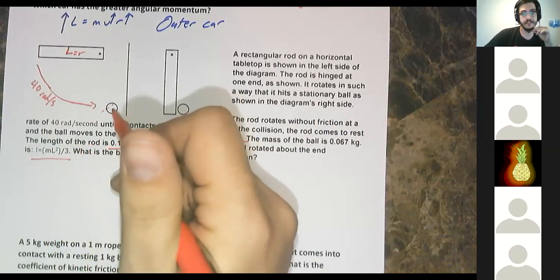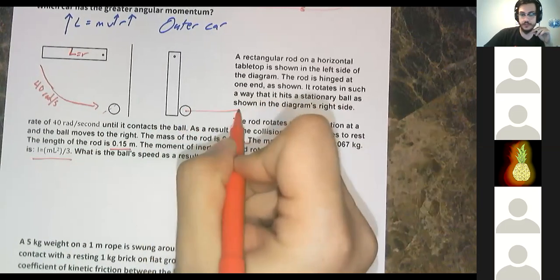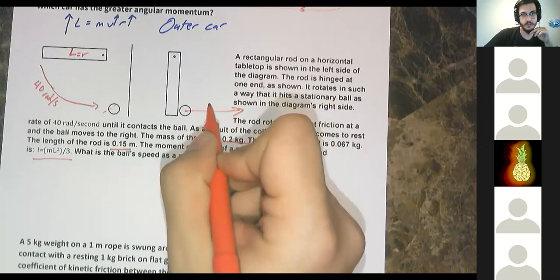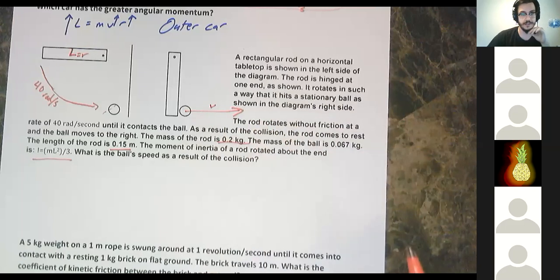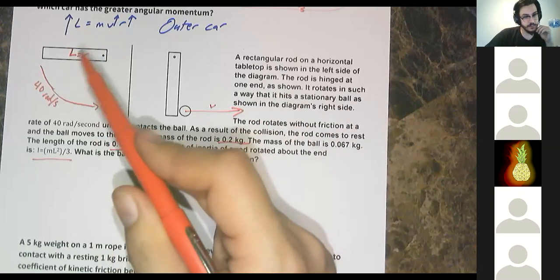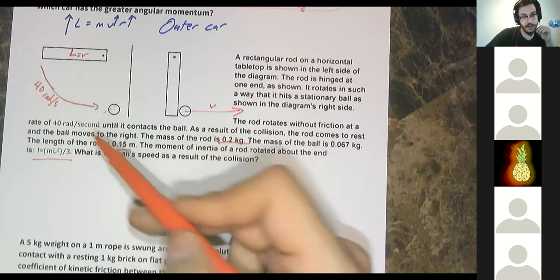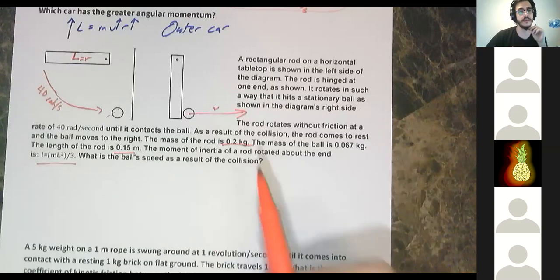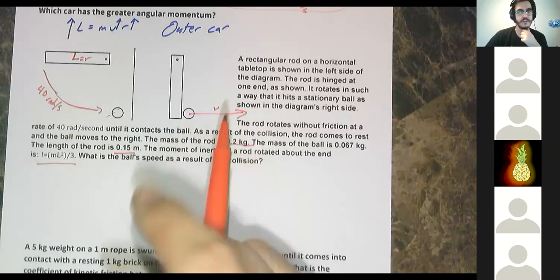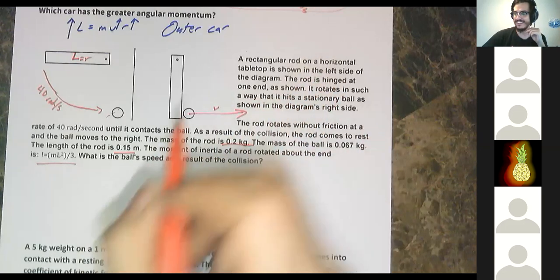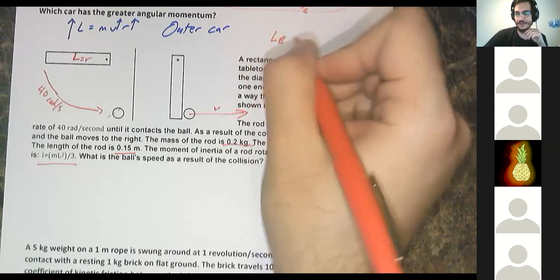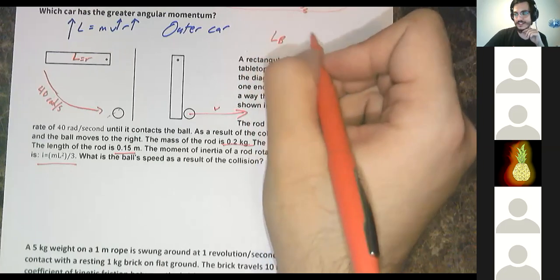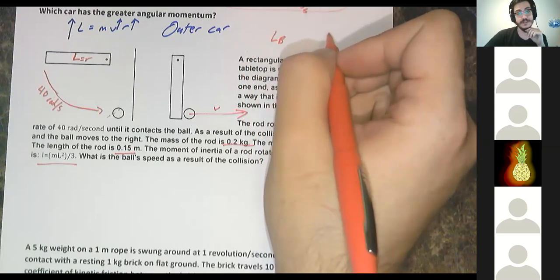And then when it smacks this ball, and the ball scoots off this way with some translational velocity, whatever angular momentum it has becomes the translational momentum the ball has. There's your equation. L before is going to turn into our momentum after.